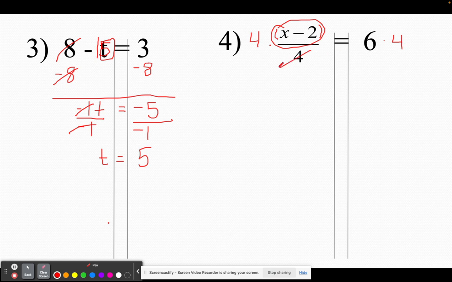My 4's will cancel out. I'm just left with x minus 2 equals 24. Still have to get rid of that minus 2, so I will add 2 to both sides.